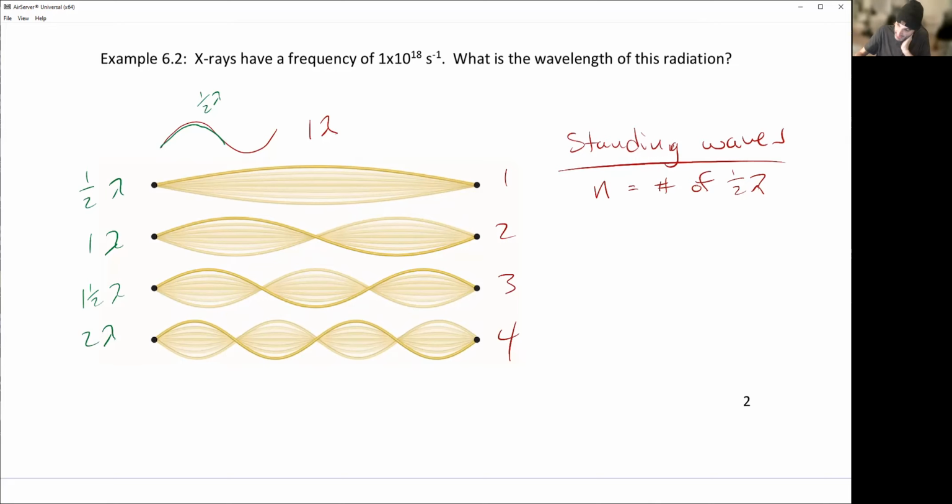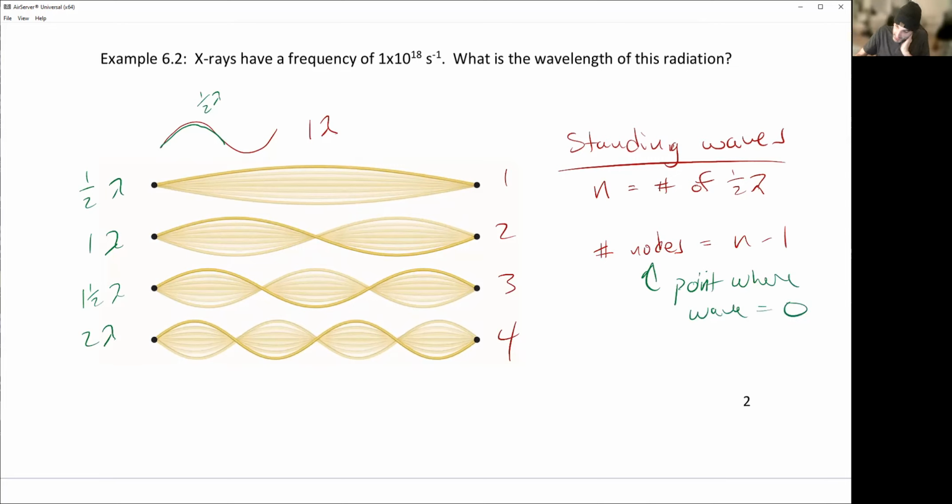An interesting idea here is the number of nodes is equal to n minus 1. So the number of half wavelengths minus 1. Well, first of all, what is a node? A node is a point where the wave equals 0.